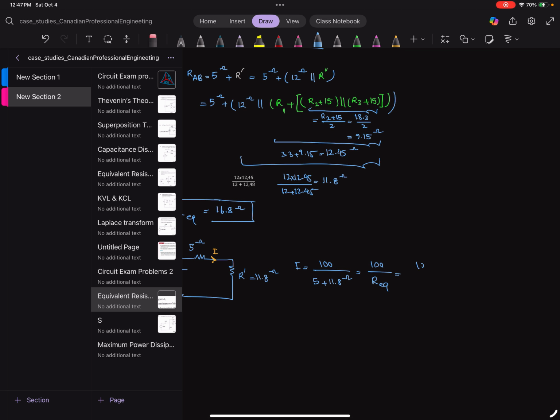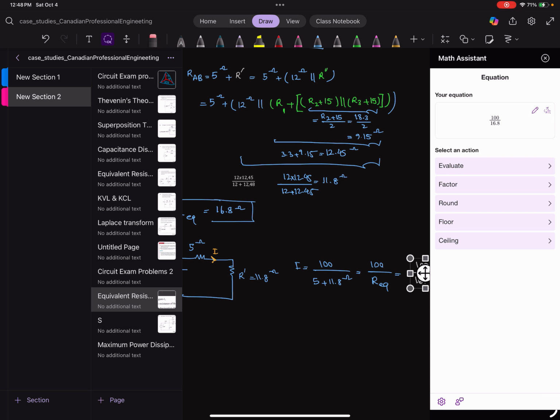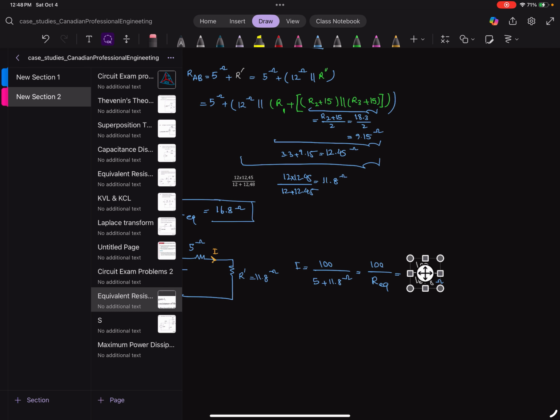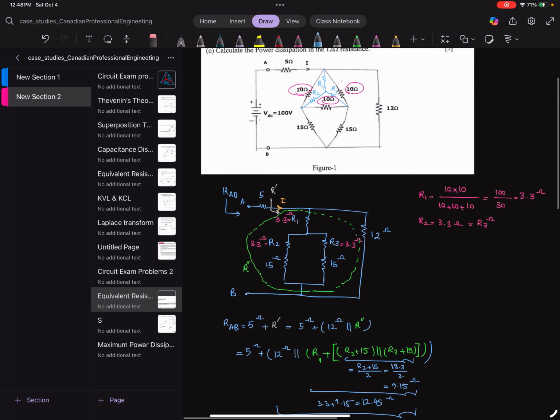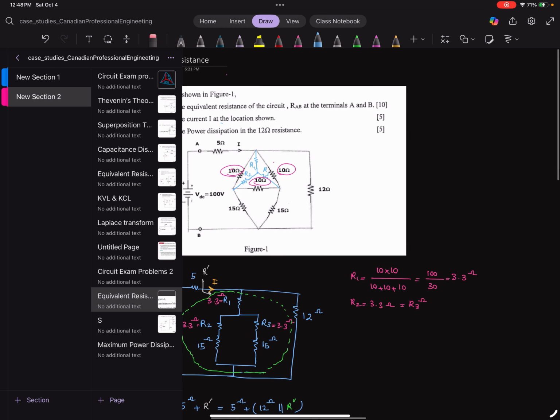So that's going to be 100 over 16.8 ohm, so 5.95 amp. Now it's asking what was the power dissipated in 12 ohm.